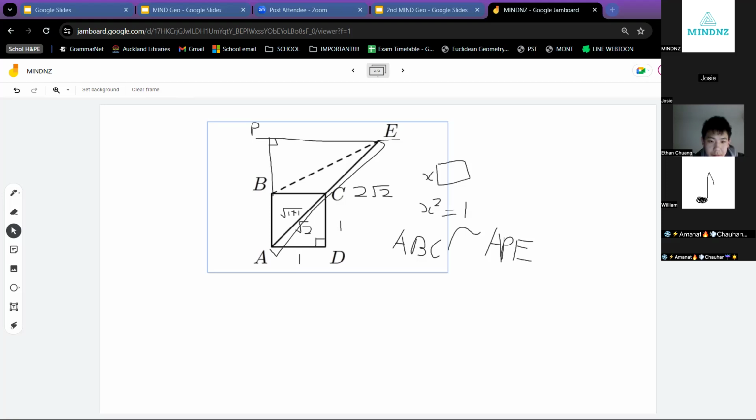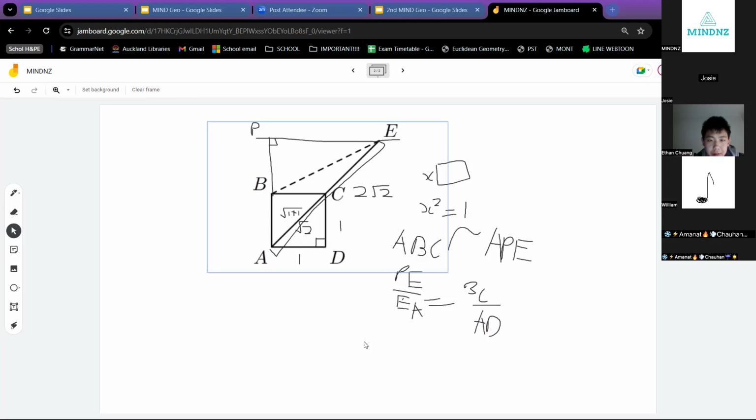So if ABC is similar to APE, then we know that the ratio of PE to AP, oh wait, EA, is equal to the ratio of BC to AC. And from before we know 3 of these lengths already, so we can basically just solve for PE using ratios.